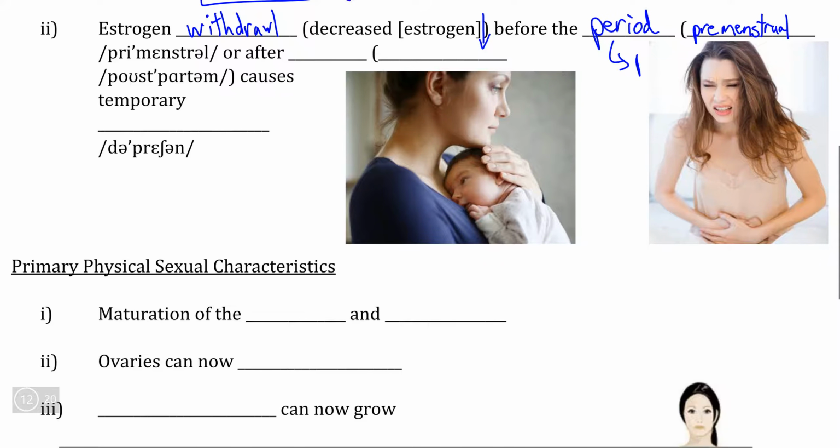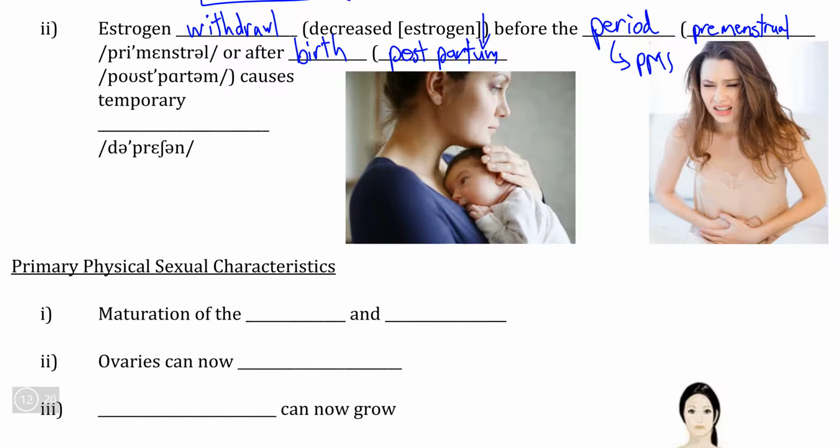If you've ever heard of the term PMS, referring to premenstrual syndrome, this is what people are referring to. Now, the other time when estrogen concentrations decrease sharply is right after birth, in which case this is what we call postpartum, or after birth, estrogen withdrawal.